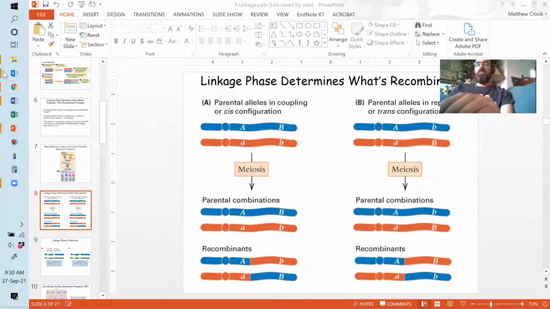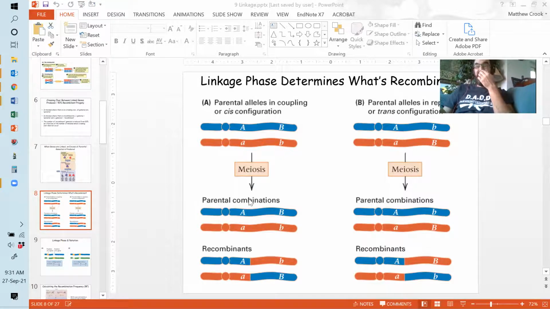Anyway, so both are heterozygous for both genes. But which way round the alleles are matters.